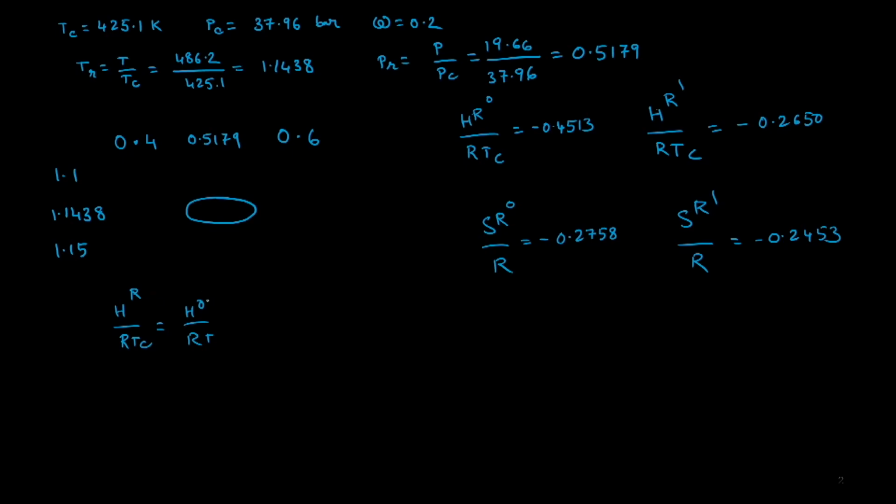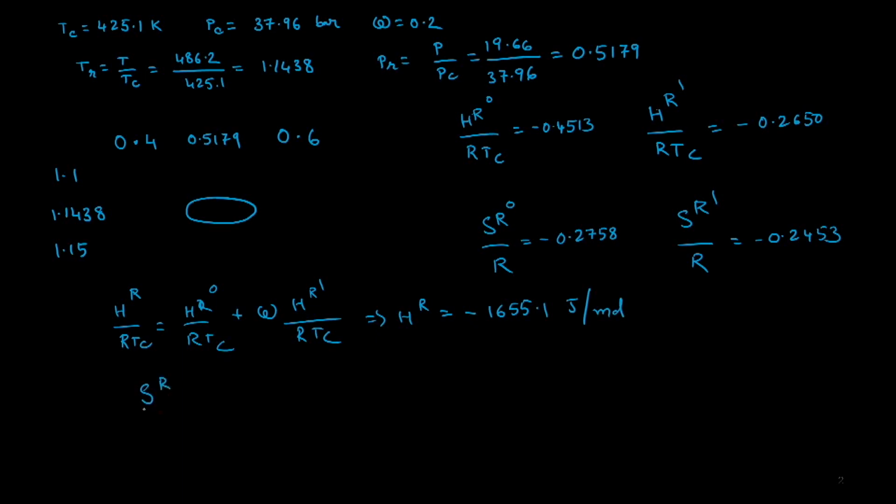So HR is HR naught plus omega times HR1 over RTc, right? And from this I get an HR value of negative 1655.1 joule per mole.